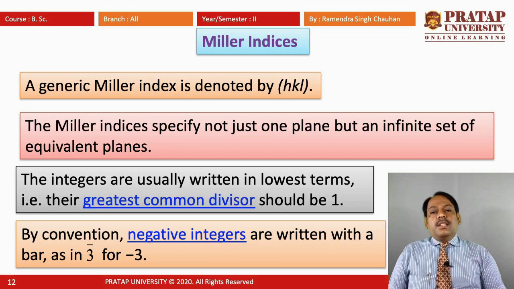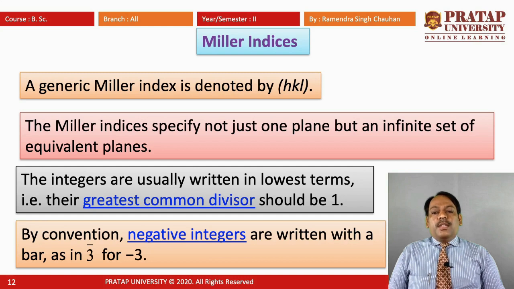So, we can say that Miller indices specify not only one plane, but an infinite set of equivalent planes. Similarly, the integers are usually written in lowest terms, that is, their greatest common divisor should be 1.